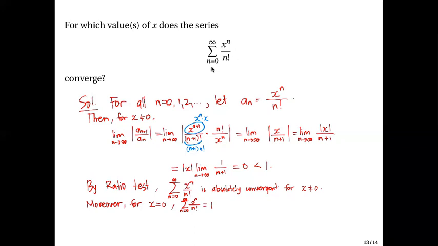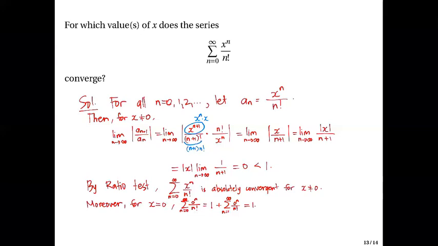Here we are assuming that when n equals 0, you just have 1 over 0 factorial. Of course, you don't have 0 to the 0, that's undefined. So this is expanded as 1 plus the sum of 0 to the n over n factorial, n equals 1 to plus infinity, and this sum is just 0. So this is equal to 1, so it's still convergent.